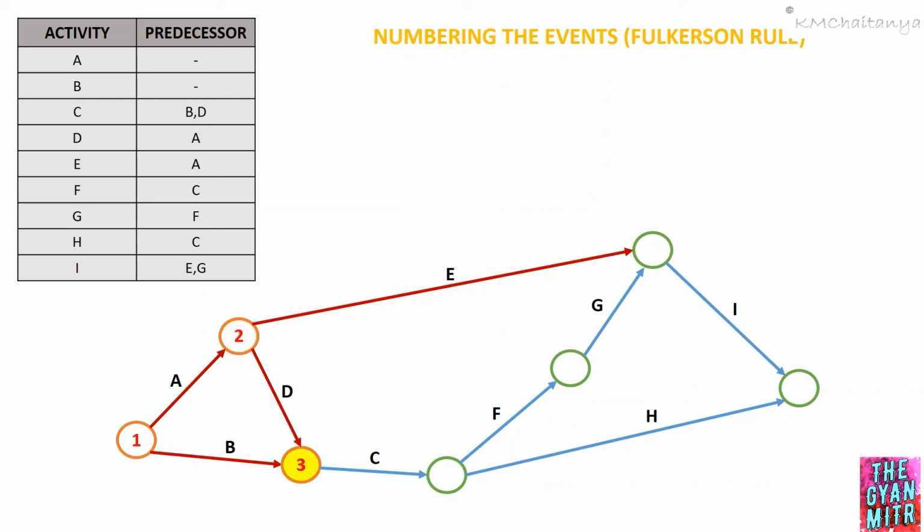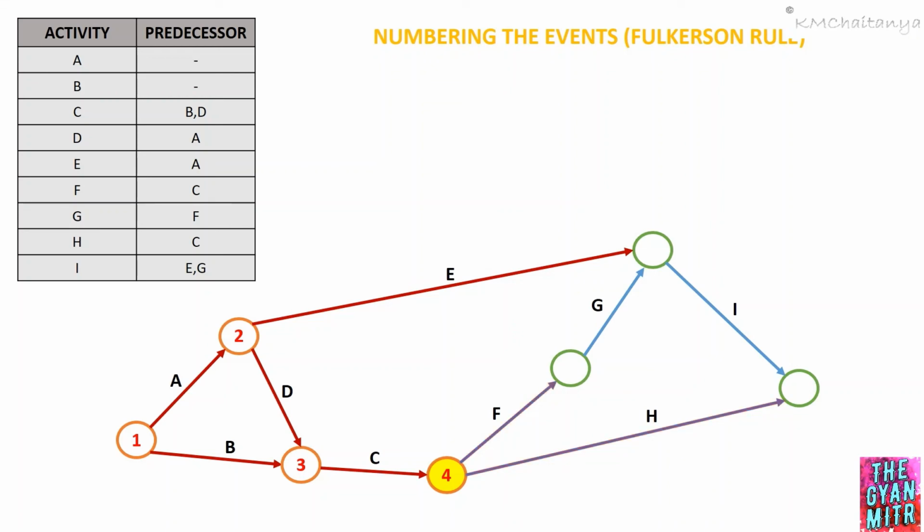Now, we'll move on to the next event, which is event number 3. From event 3, I have only one activity emerging, which is activity C, which we are going to trace, and the event after activity C can be numbered as event number 4. Now we'll move on to event 4.